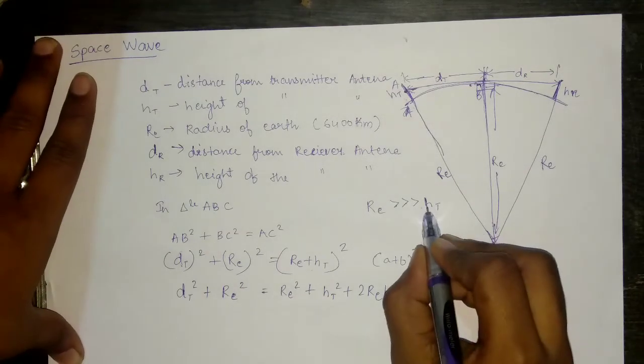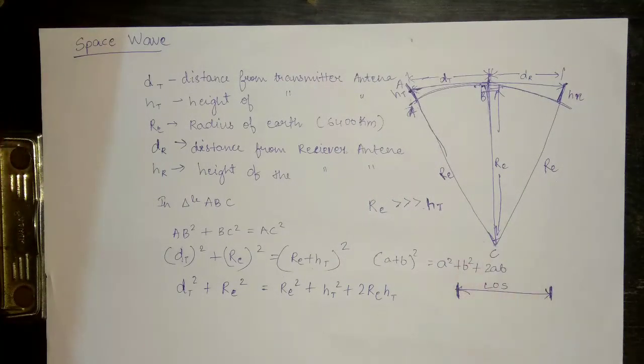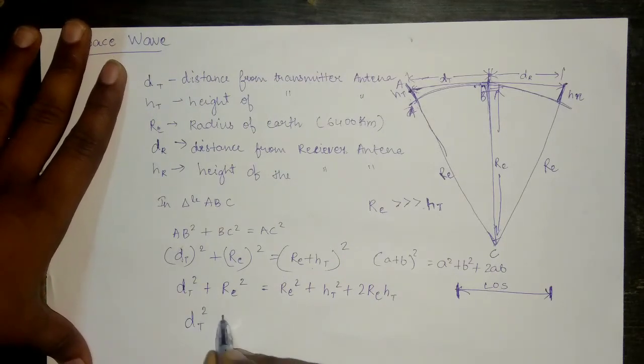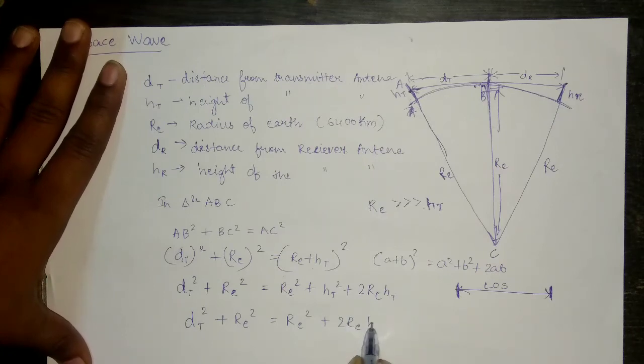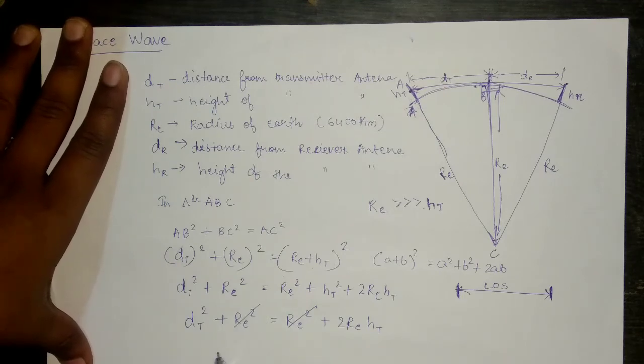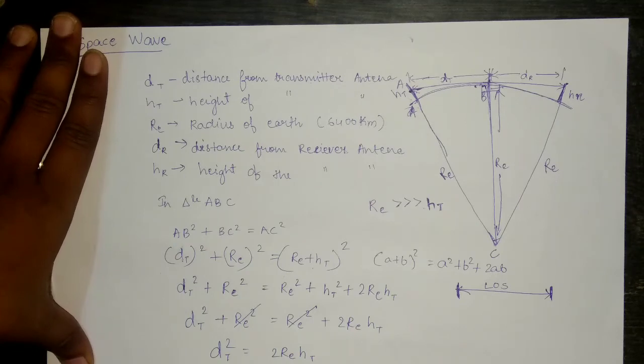So you can neglect the value of height of the transmitter. So the equation will become DT square plus RE square equals to RE square plus 2REHT. This RE square and this RE square get cancelled. Now what remains? DT square is equals to 2REHT. By this you can calculate DT equals to under root 2REHT.